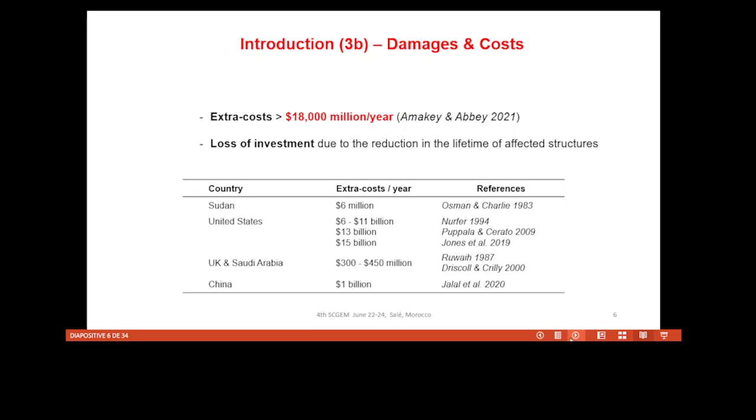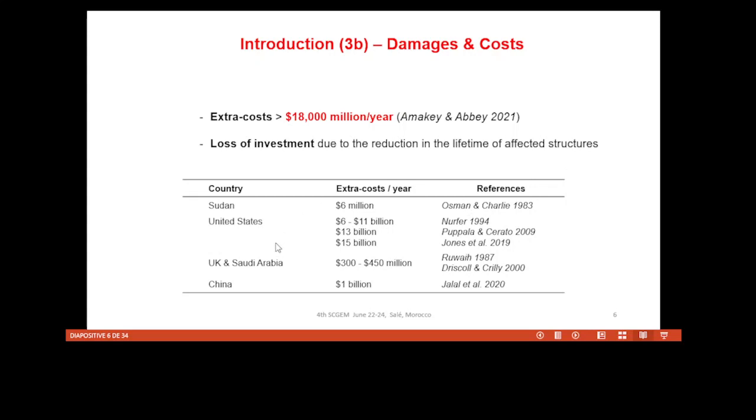So due to these damages, we have extra cost, which is greater than 8,000 million US dollars per year. And we also have a loss of investment due to reduction in the lifetime of affected structures.